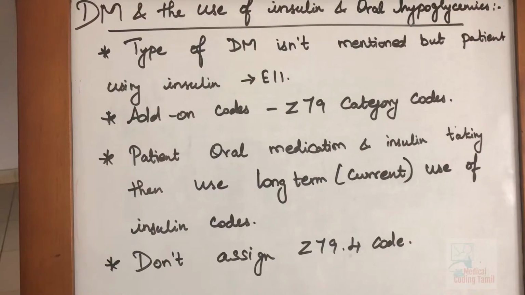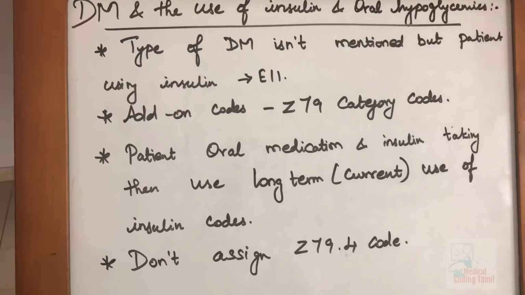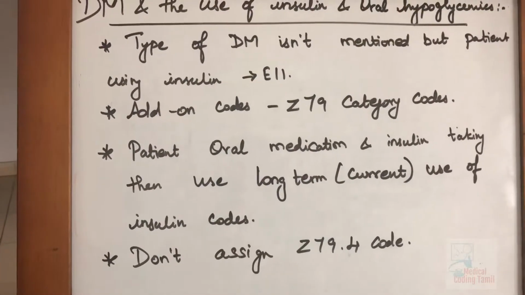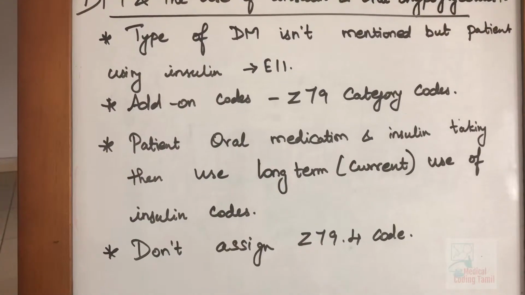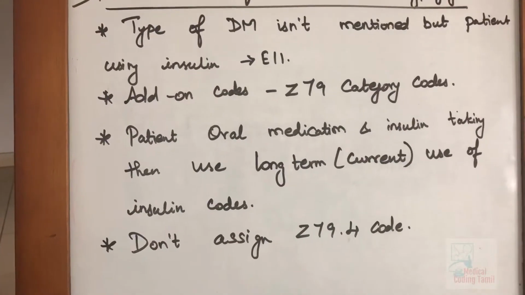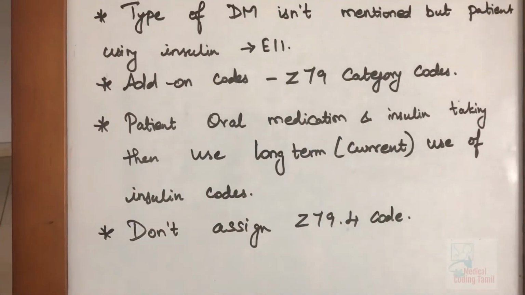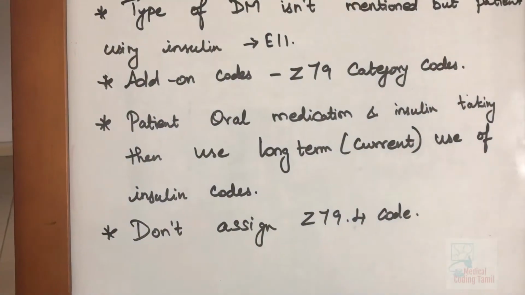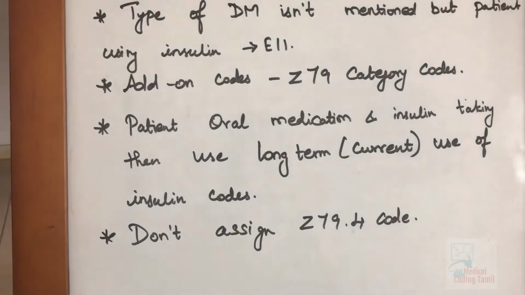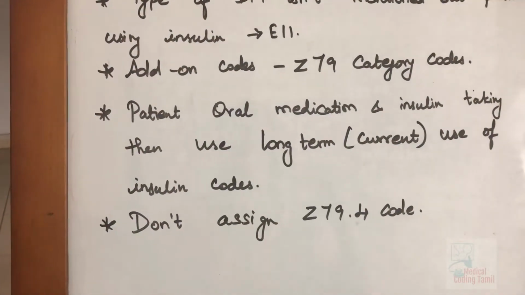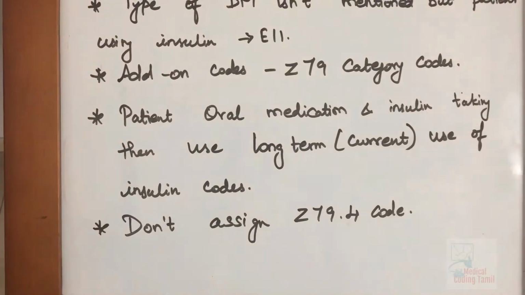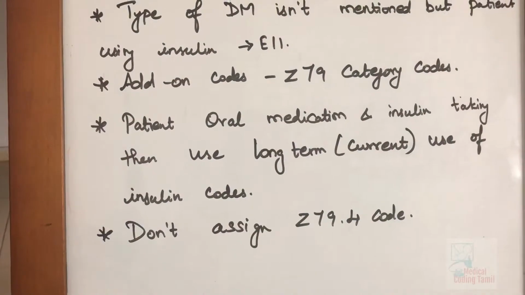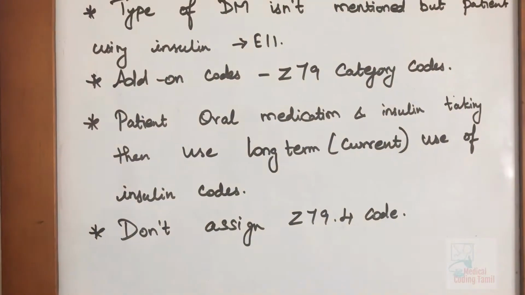The second point is, if the patient is using oral medication and insulin for the long term, which means the diabetes drug and insulin are taken by the patient, then we have to give the long term current use of insulin code. We should not assign the Z79.4 code, which is for when doctors give insulin to the patient to control the diabetes temporarily.